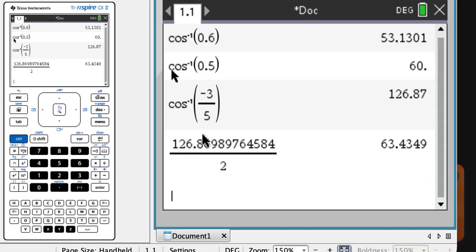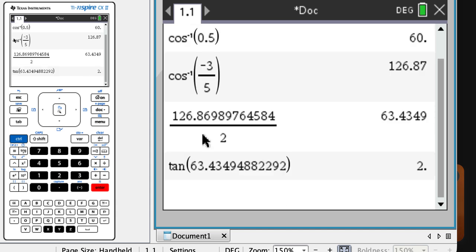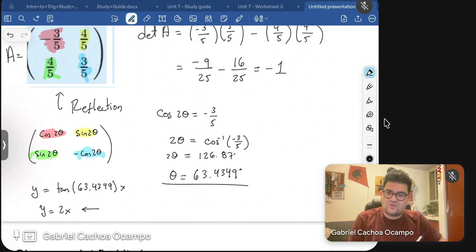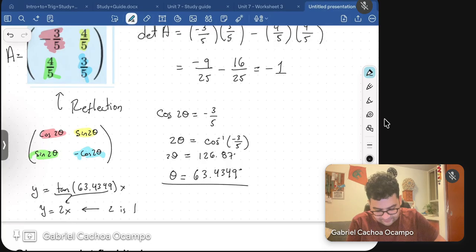And what is the tangent of 63.4349? That is 2. So this is a reflection by the line y equals 2x, because 2 is the slope, no? O sea, 2 is the slope.